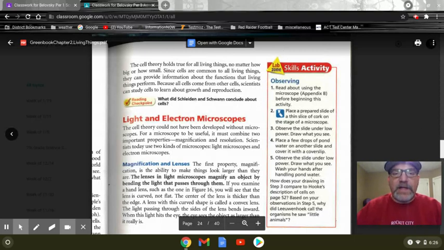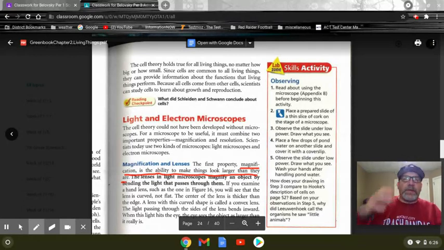Magnification can be found in this paragraph right here. Magnification is the ability to make things look larger than they are. All right, hit pause.